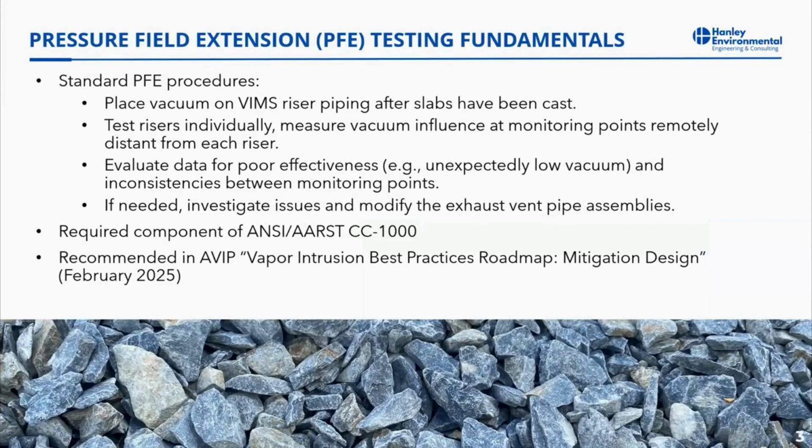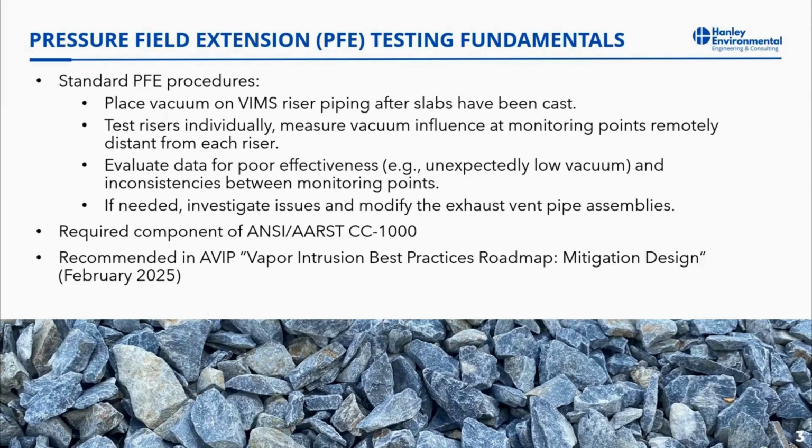So some background on what pressure field extension testing is. This is a type of testing that's used to verify that a venting system can get influence throughout an entire subslab. After the subslab venting piping is installed within usually a gravel layer and there's a barrier over top and then a slab is poured, we'll go in and put a vacuum on the VIMS riser pipes and take measurements of the vacuum influence in the subslab at different distances away at test ports through the slab.